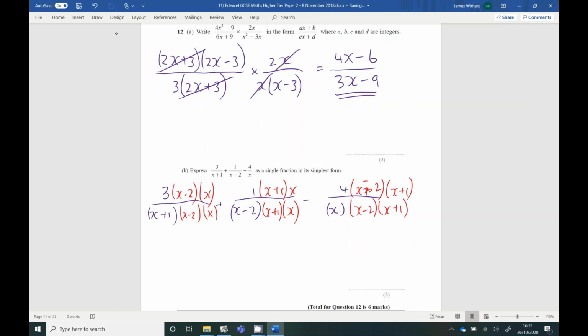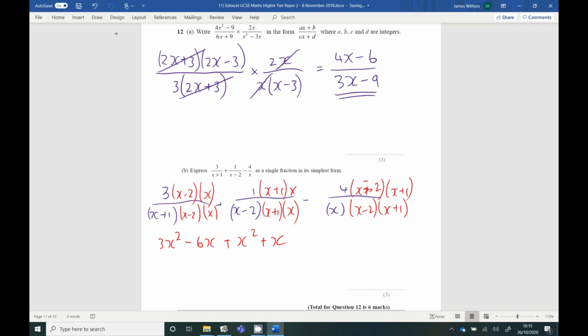So if I go and multiply out now, I've got 3x squared minus 6x from that first term, and then from the second one I'm adding on an x squared and an x, and then from this third one, a bit more work going on here, haven't I?